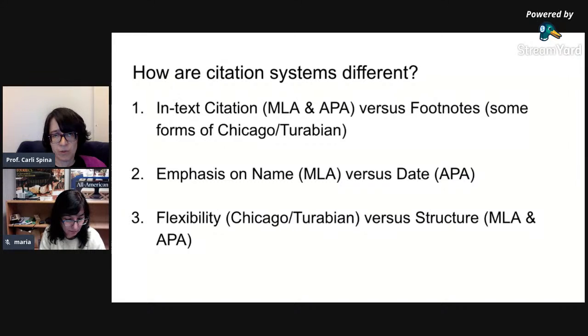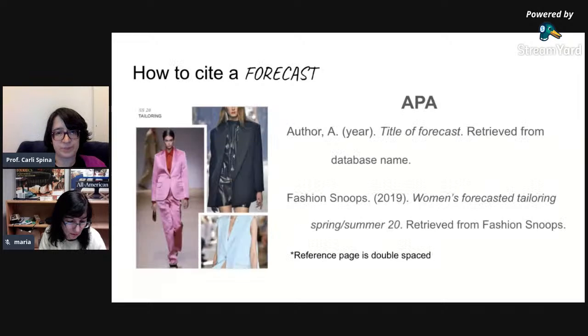So those are just some of the ways that the citation systems differ. As we look at some examples of them, you'll see that they also differ in how they order the information and how they represent it. When we're looking at those differences, think about how that is tied to this greater emphasis on structure versus flexibility, the greater emphasis on name versus date, and these sorts of more wide-scale philosophical differences between the citation systems.